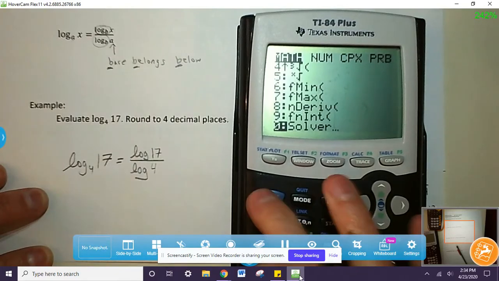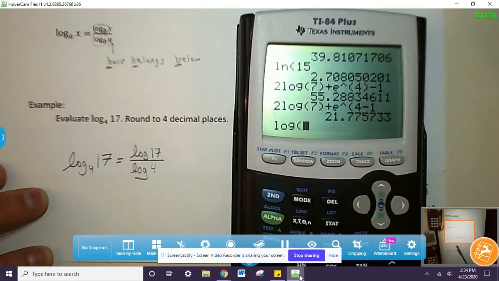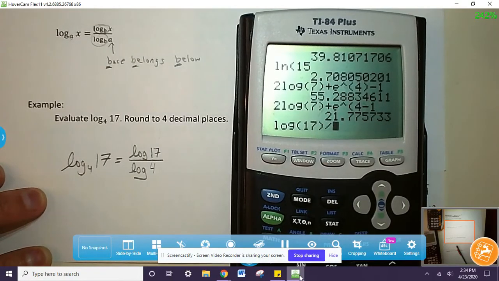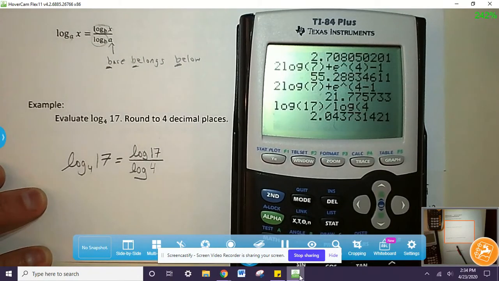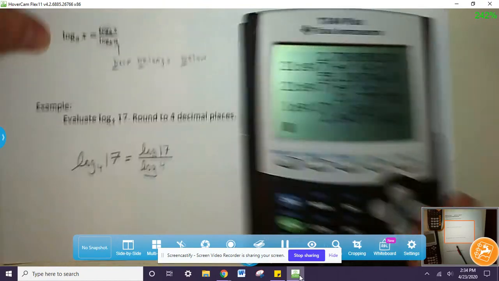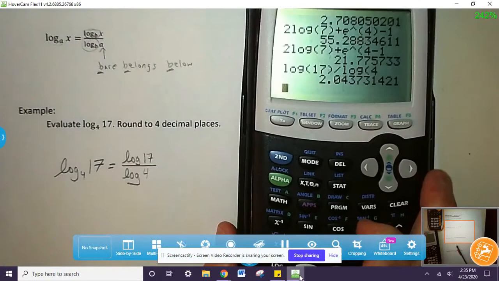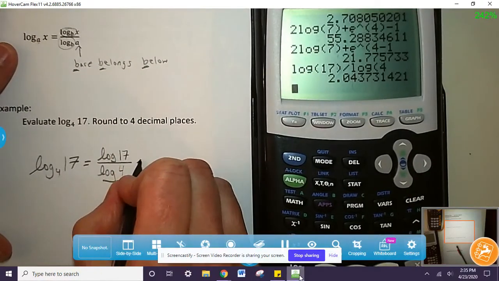If we put that into our calculator, the common log of 17, close those parentheses before you divide by the common log of 4, we will get the same answer we had before to this problem. The answer we had before was 2.0437. So it works. I'm going to write that down here.